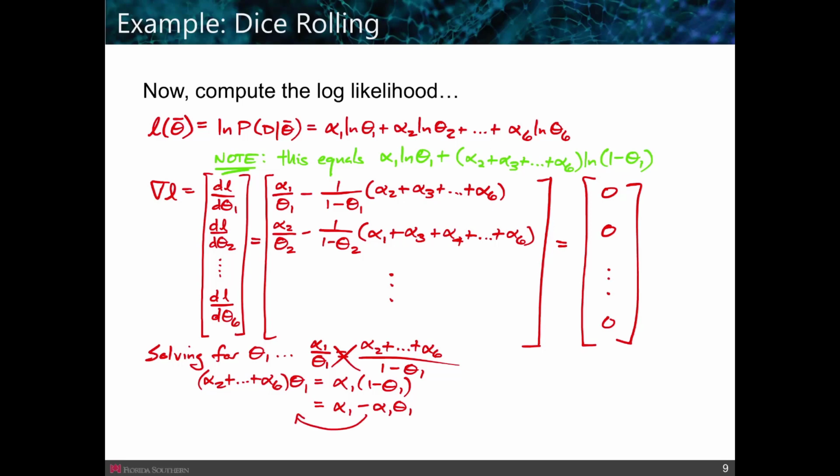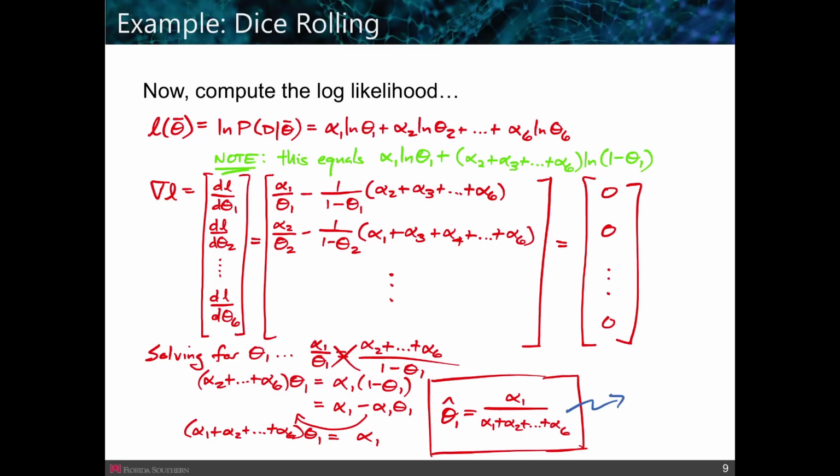We can group the like terms, and now we have the sum of all of the numbers equal to alpha 1. Where does this leave us? This means that our estimate of theta 1 is equal to alpha 1, the number of times that we rolled a 1, divided by the sum of alpha 1, alpha 2, all the way to alpha 6.